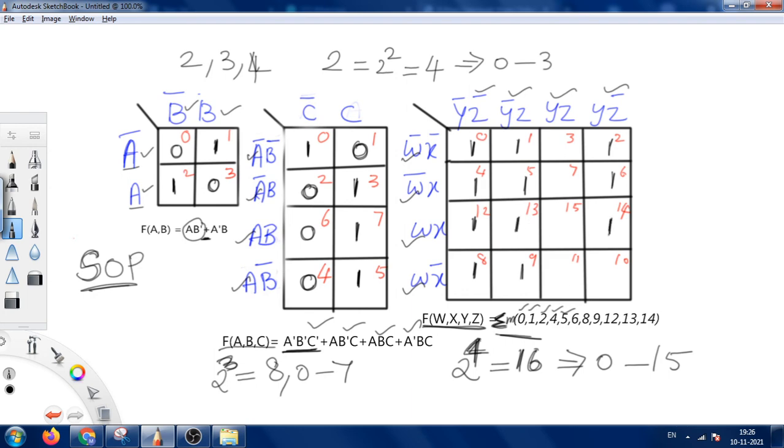So 1, 2, 3, 4, 5, 6, 7, 8, 9, 10, 11 terms are here. So all the 11 terms are filled. The remaining values we can fill with zeros.